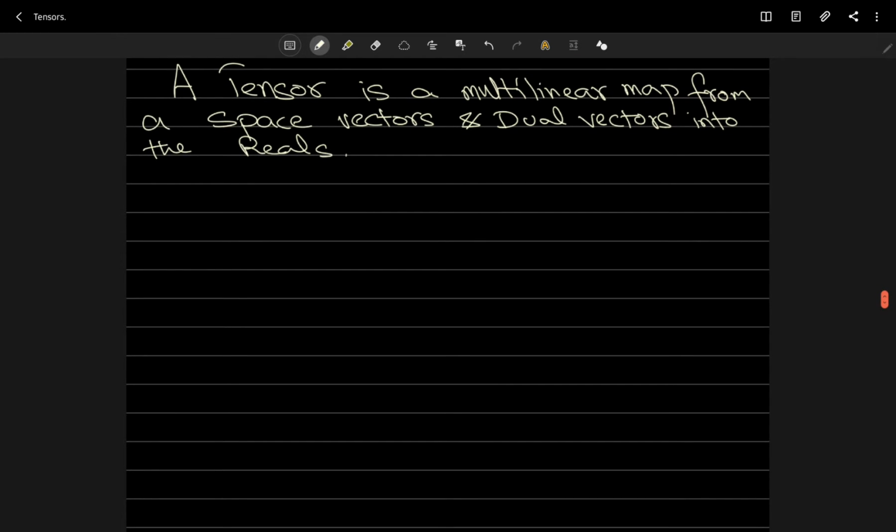What that means is simply that if I have a tensor acting on v's and w's, where v's are your ordinary vectors and w's are your dual vectors, it gives you a number. It maps to a number.